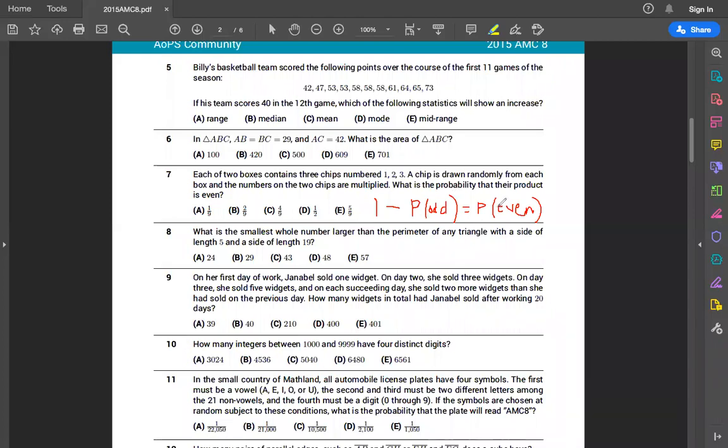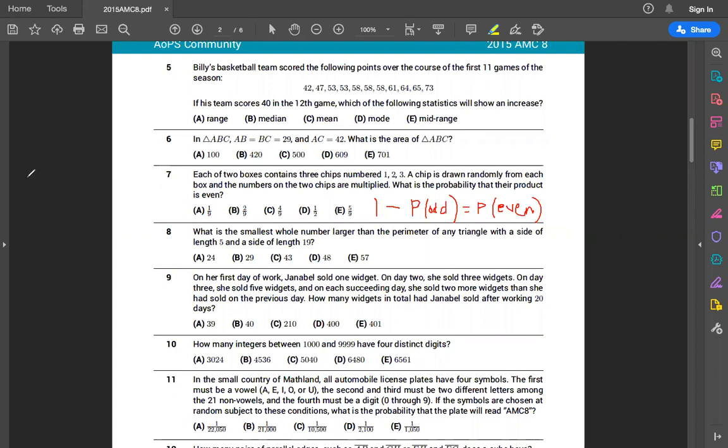The reason for this is that the product has to be odd or even. So the probability of an odd plus the probability of an even has to add up to 1. Taking 1 and subtracting one of those two will give us the other. And this is good because it's a lot easier to calculate the probability of an odd product.